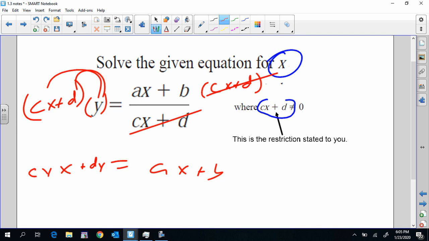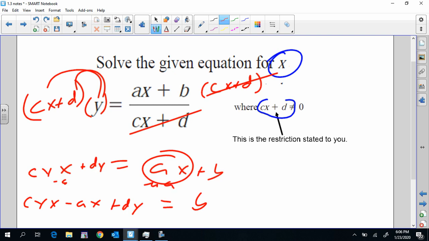Like every other equation we've solved for, you're trying to get x on one side and non-x's on the other. I don't care which one you move. Do you want to move the ax? Do you want to move the cyx? I'm going to move the ax. Cyx minus ax, because they both have the variables I'm putting next to each other, plus dy equals b minus ax on both sides. All right?